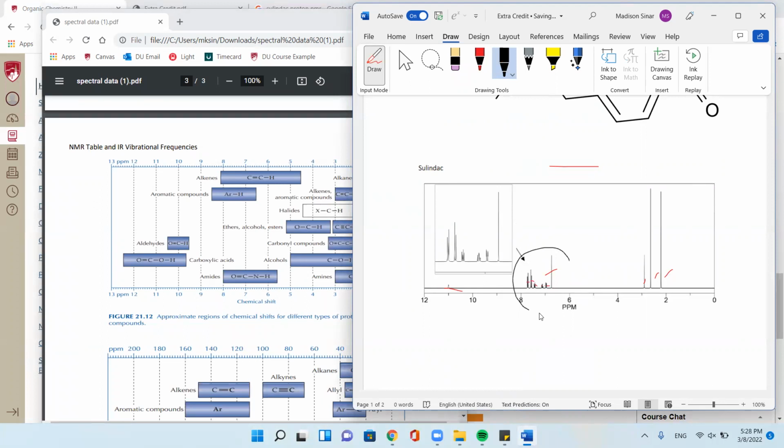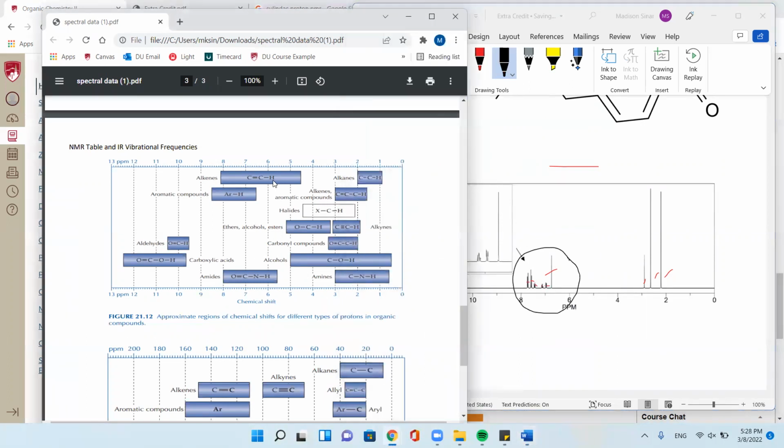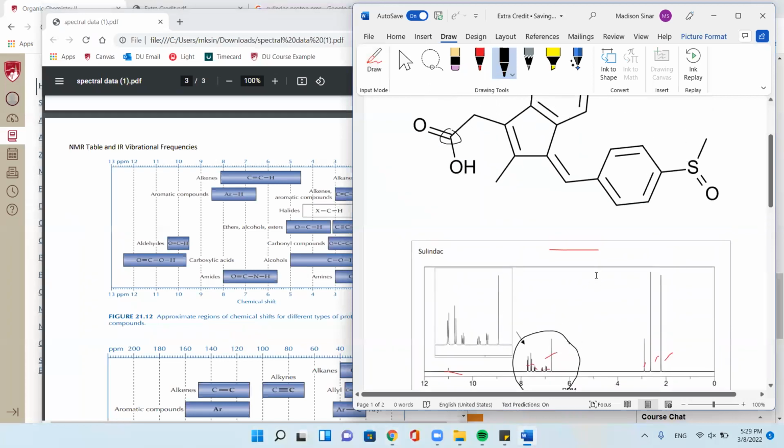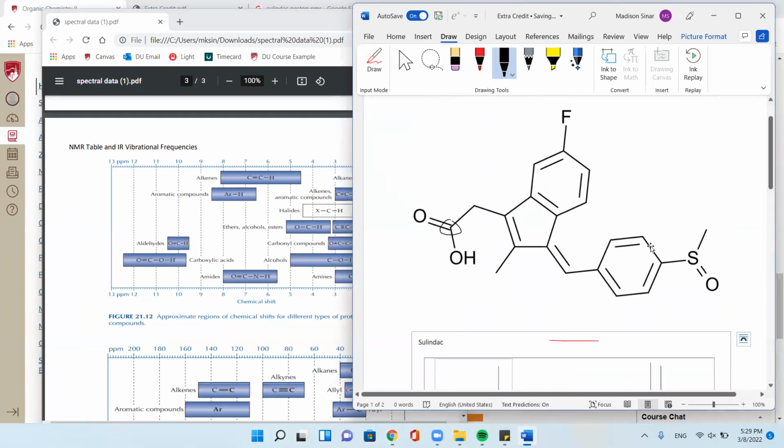Okay, so now let's look at this set of signals. If we look over here to our positioning again, we see that aromatic compounds tend to happen between 7 and 8, which is right about where this is. And if we look up to here, we see we have quite a few aromatic hydrogens.